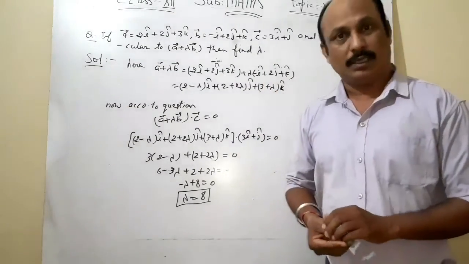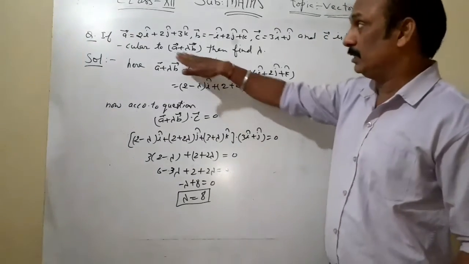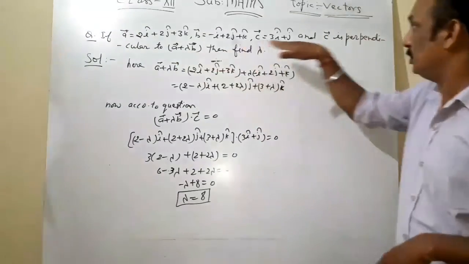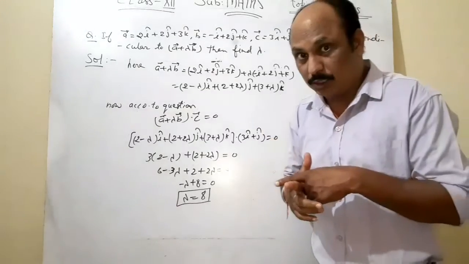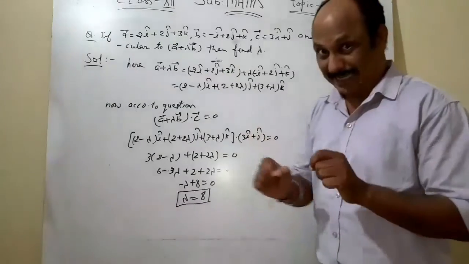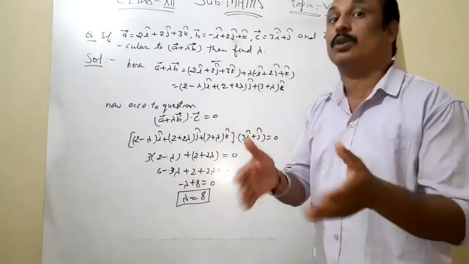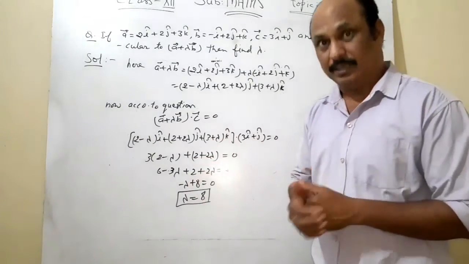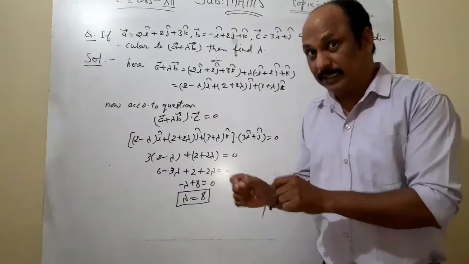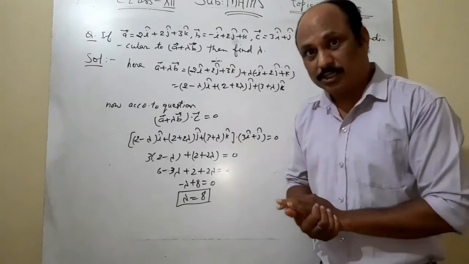Okay. Now see beta, this vector and C vector are perpendicular to each other. As we know, if two vectors are perpendicular or orthogonal to each other, then the dot product of these vectors should be equal to 0.